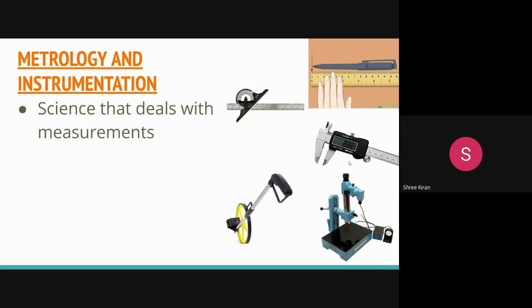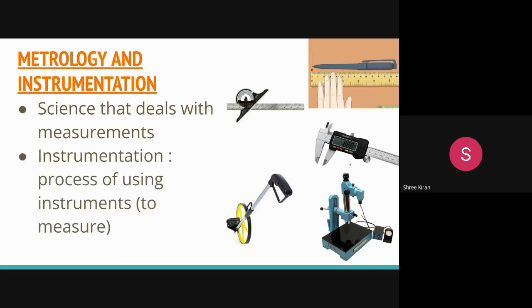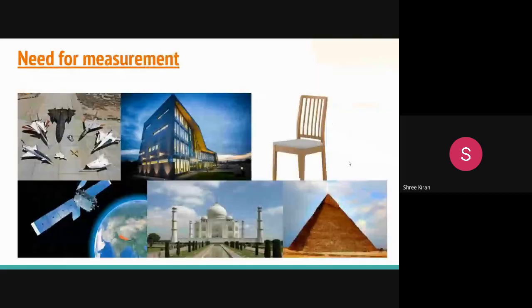We deal with machine tools mainly in the first three modules, and the fourth and fifth modules mainly deal with metrology and the various instruments used for checking measurements, tolerances, types and fits, which we dealt with yesterday. Metrology is the science that deals with measurements, and instrumentation is the process of using instruments to measure.